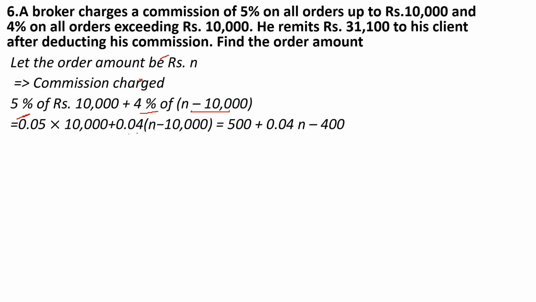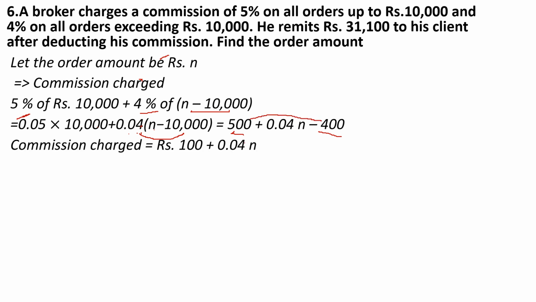Now 5% of 10,000 is 500. Then 0.04 into n, and 0.04 into 10,000 will be 400. Now after subtraction, 500 minus 400 is equal to 100, plus 0.04n. So this is the commission charge.